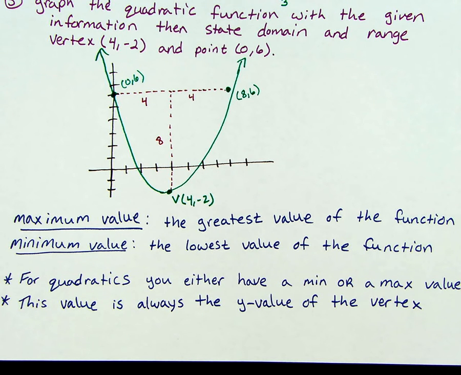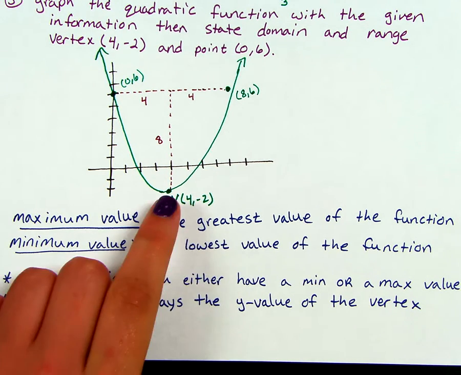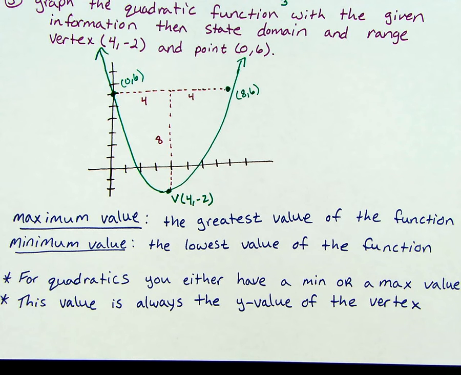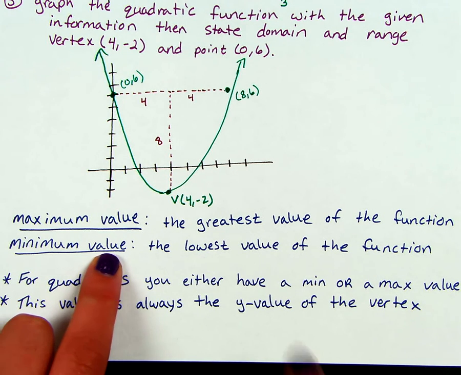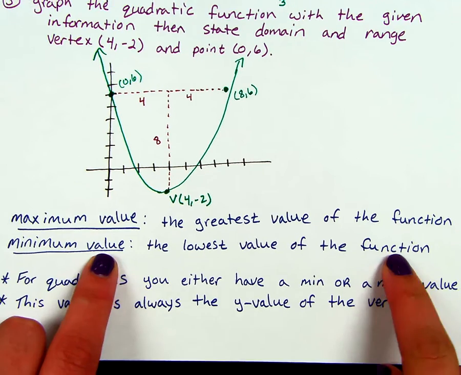Now, the other thing with quadratics is where our vertex point is sitting, so how we decide what our range is going to be. If our vertex is sitting at the bottom of our U shape, we're going to call that a minimum value. That is the lowest value of our function.